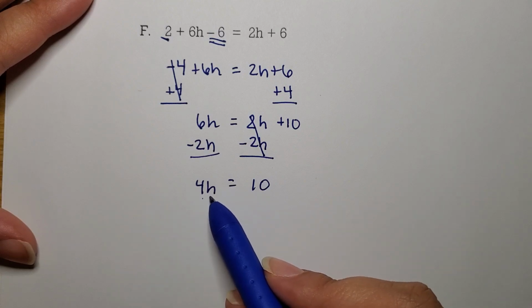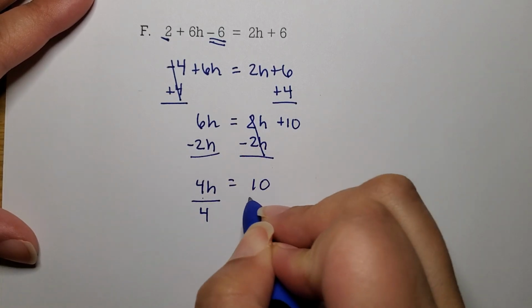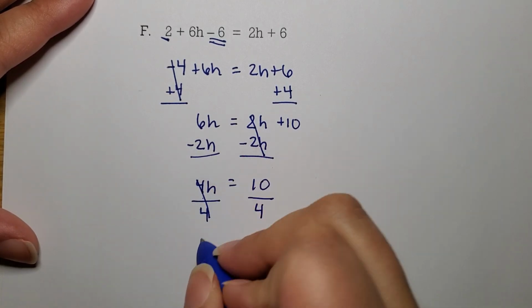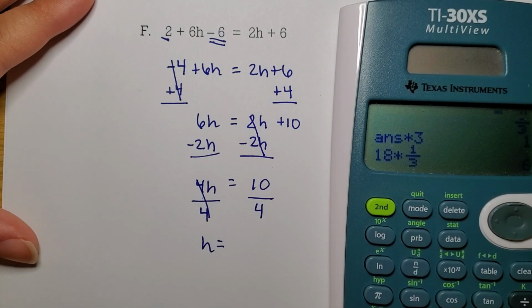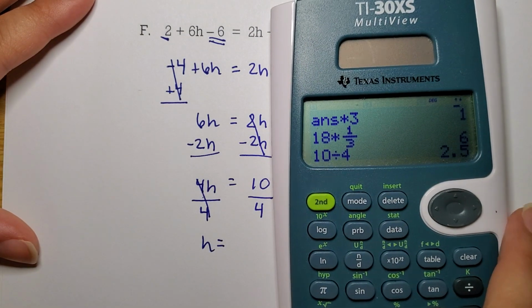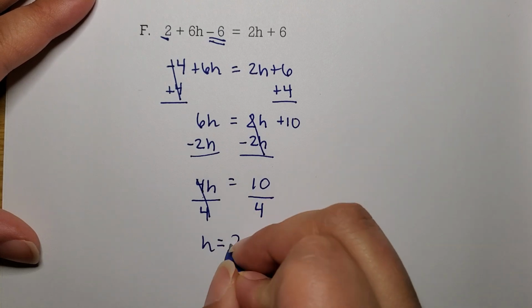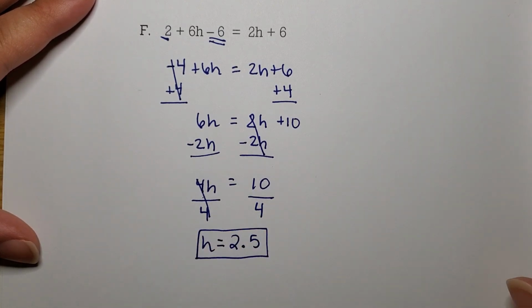So 4 times h, I want to undo that times, so I'm going to divide. I get a decimal, but it's a nice one, so I'm going to use that, 2.5. Now I'll point out, if you ended up getting 2.5 or 5 halves, that's totally fine as well. You could get your answer in any format.